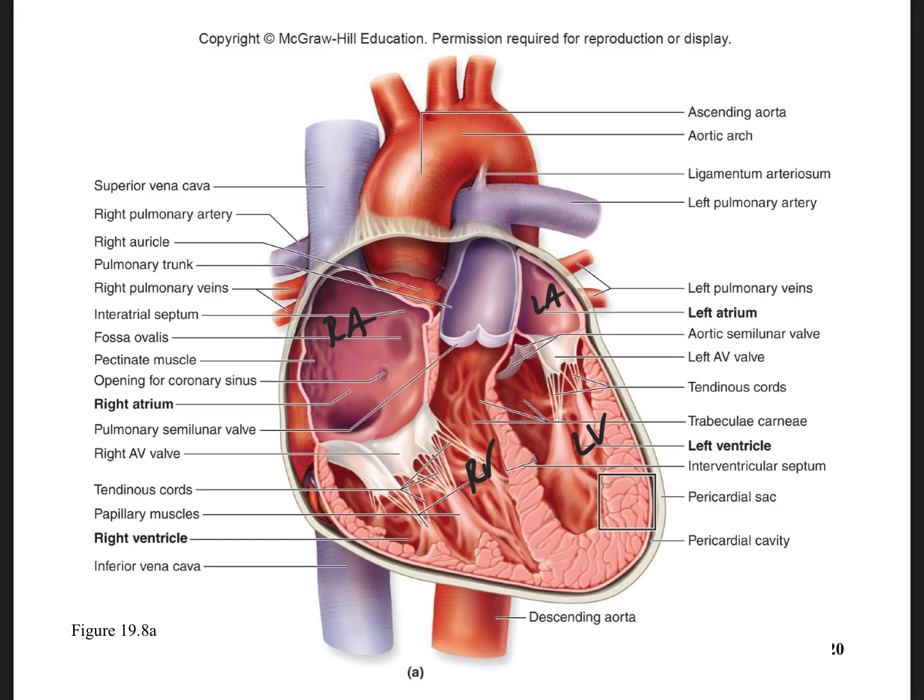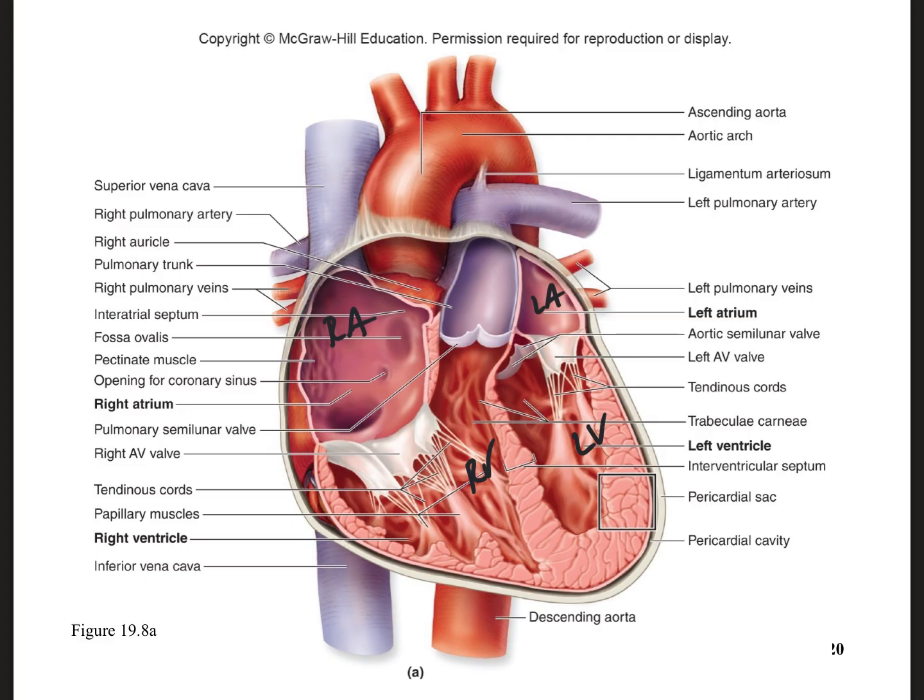The atrioventricular valves are subjected to very high pressure when the ventricles contract. During a normal heartbeat at rest, before a heartbeat is initiated, the atria are relaxed, the ventricles are relaxed, the AV valves are open, and blood is flowing from the atria directly into the ventricles.